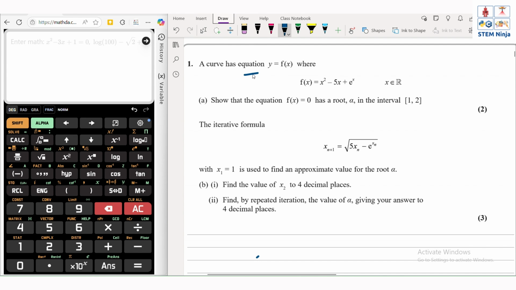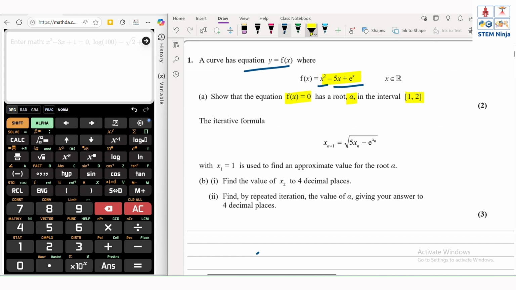A curve has equation y equals f of x, where f of x is equal to x squared minus 5x plus e^x. Show that the equation f of x equals 0 has a root alpha in the interval 1 to 2. So what we do simply is to just plug in 1 and 2 and see what the signs are.